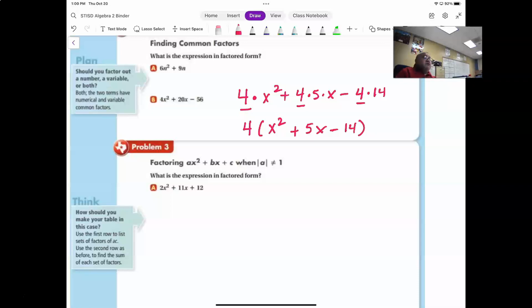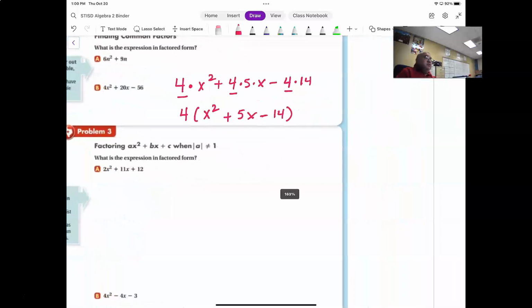Now we're going to factor x squared plus 5x minus 14. So you're going to go ahead and tell me the factors of 14, which we have 14 and negative 1, that's going to give us 13, that's not going to work. Negative 2 times 7 gives you negative 14, and negative 2 plus 7 gives you 5, and that's our middle term.